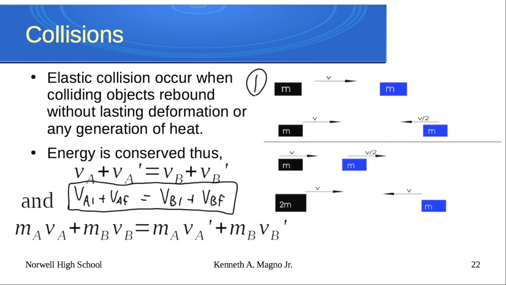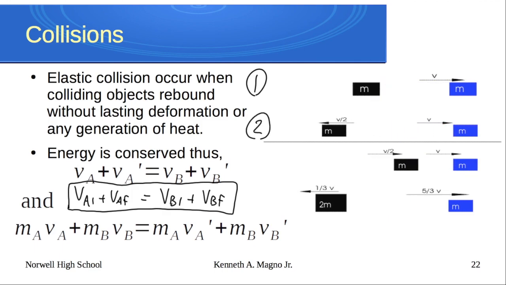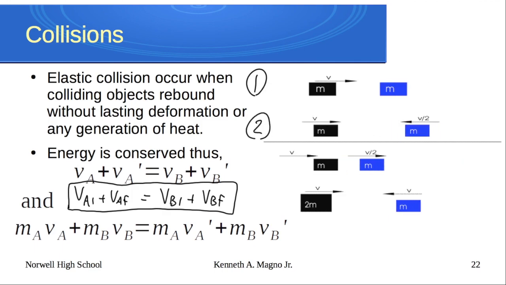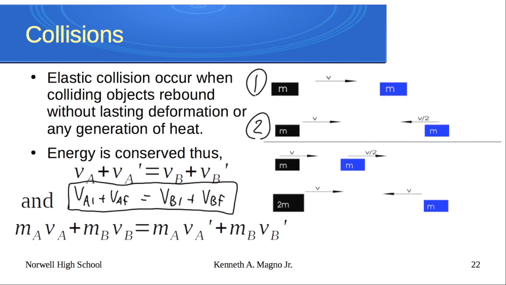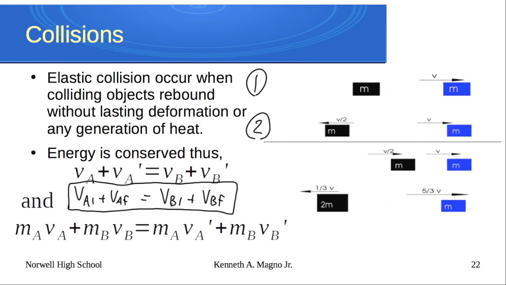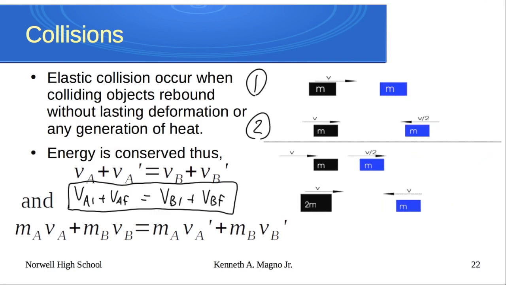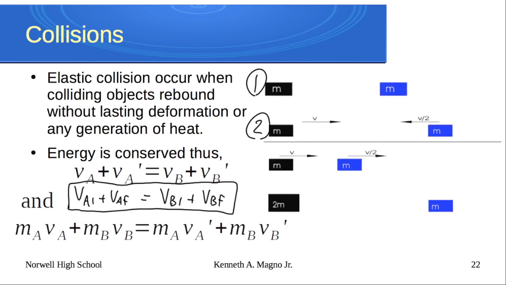All right? In case 2 here, initially the black one has positive v, the blue one has negative half of v. After the collision, again, they swap momentums. So the black one gets the negative half of v, the blue one gets the positive v after the collision.